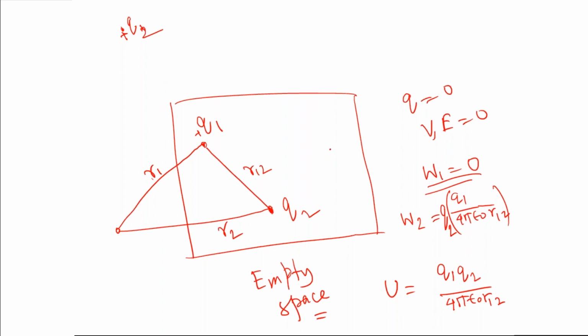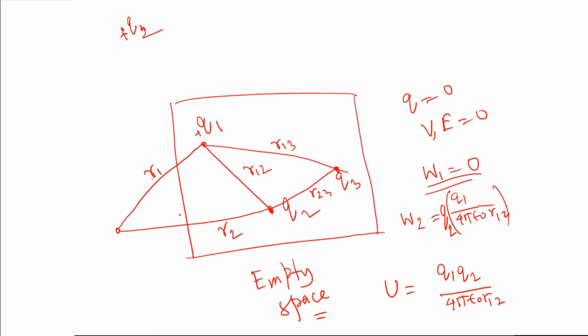So they will create a potential: Q2 at R23 distance, and Q1 also will create a potential over here. So I have to do work. The work done I can write as W3. Anyway, W1 is 0, I am just removing this part.